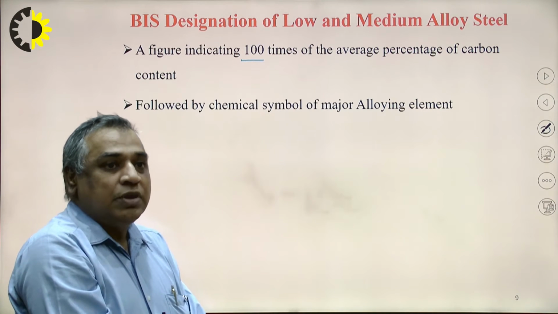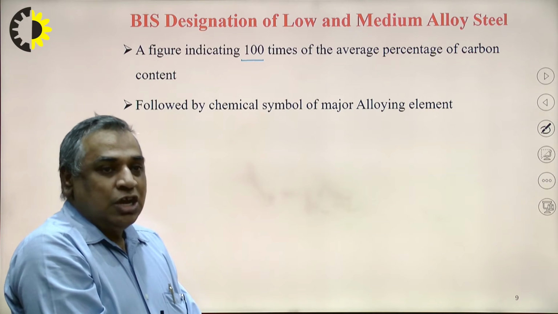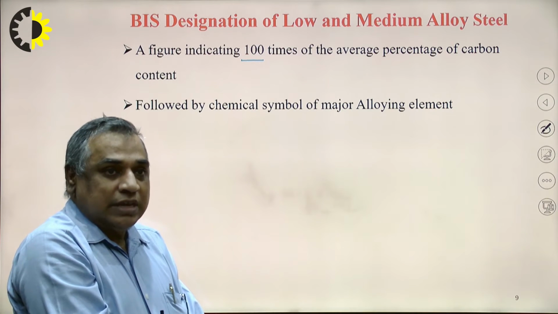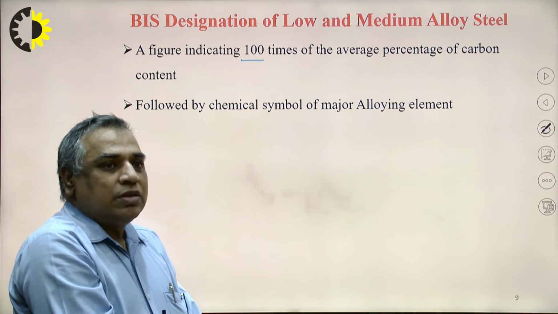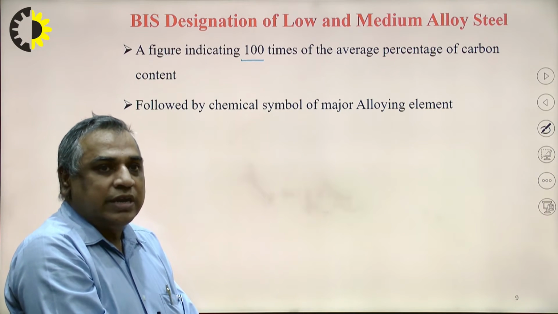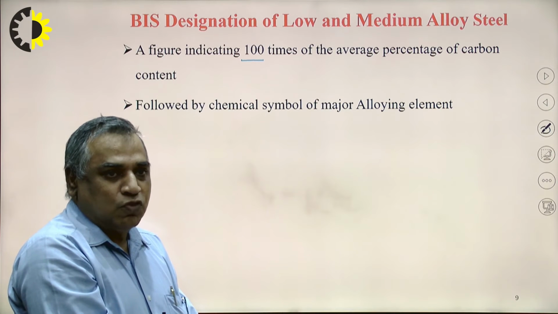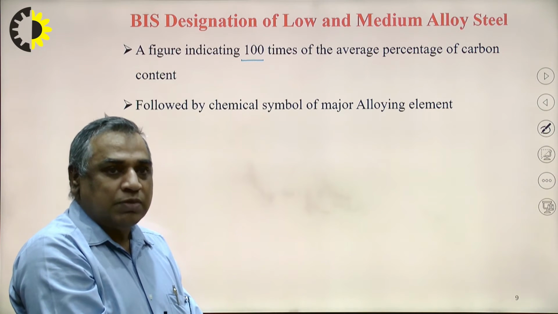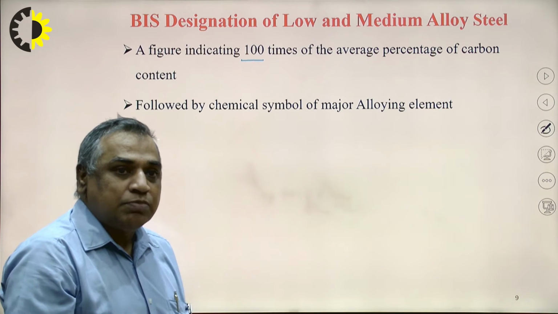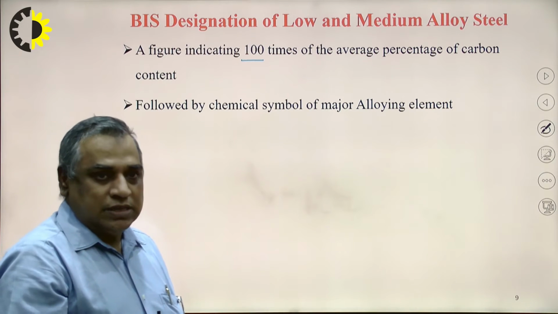Next step, in place of capital C, that is the chemical symbol of the carbon. Next, this 100 times the average percentage of carbon is followed by the chemical symbol of the major alloying element. Major alloying element is that element which has the maximum average percentage content in the steel.